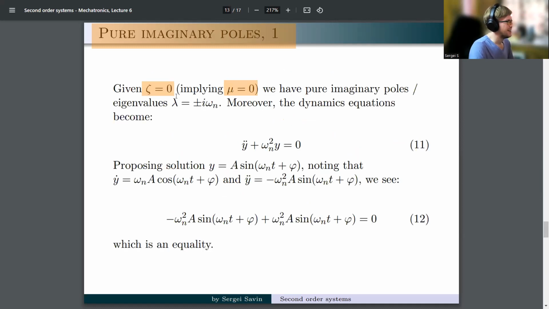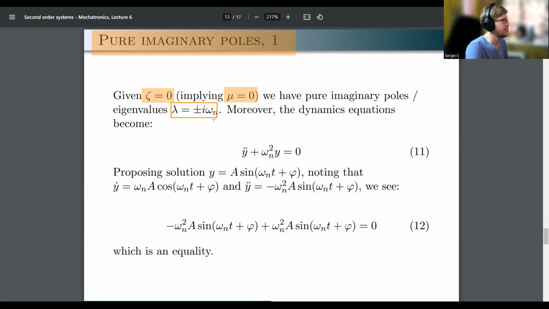Okay, good. So what we have is this being 0, and this implies purely imaginary poles, as we were talking before, right? Those purely imaginary poles are lambda equals plus or minus i omega n. So we have imaginary eigenvalues, plus or minus i omega n, the natural frequency.